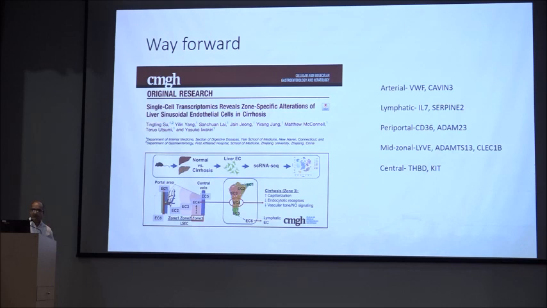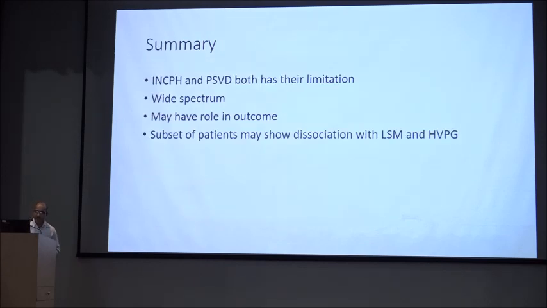It's a hypothesis that different vessels may get affected in different entities. To summarize, both terminologies have their own limitations. It's a wide spectrum disease and may have a role in outcome, and a subset of patients may show dissociation between true fibrosis and LSM and HVPG. Thank you.